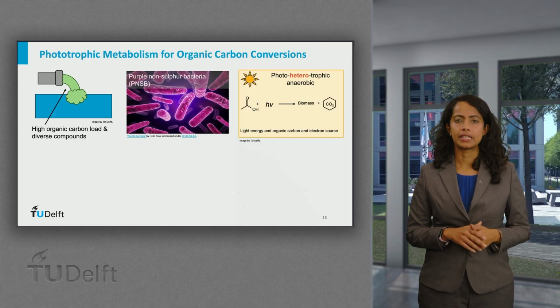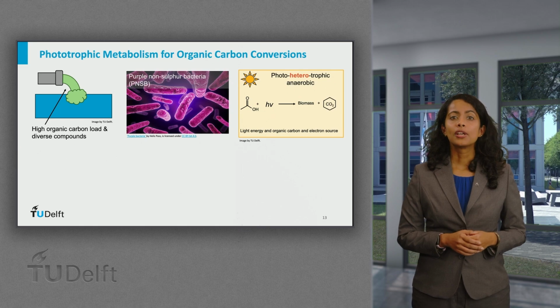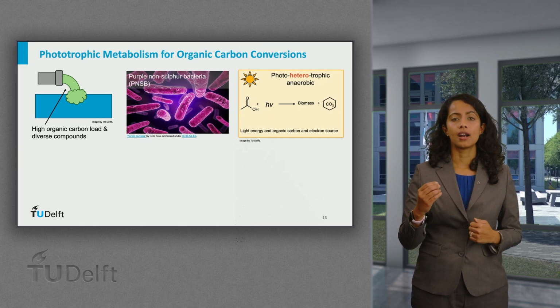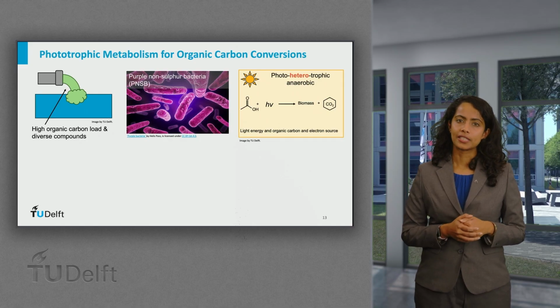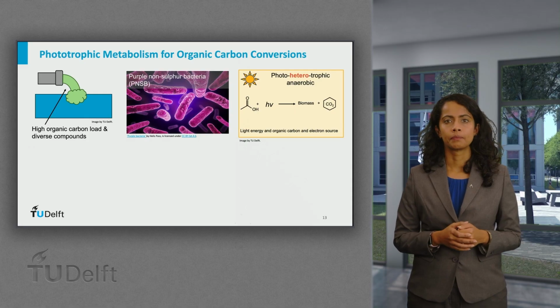Purple non-sulfur bacteria, a photoheterotroph, excel because of their ability to utilize organic carbon while harnessing light energy. Let us now explore their remarkable metabolic versatility.